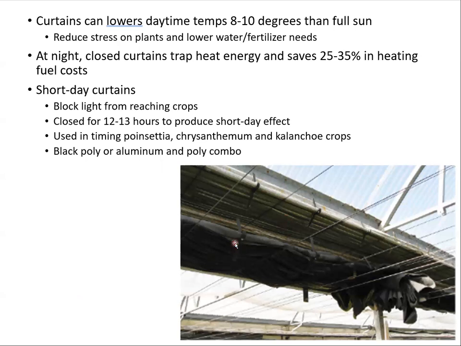They essentially trick the plants into thinking that it's a shorter day period, shorter sunlight period, and that's when they'll turn red. Okay, so with these systems that utilize energy curtains, you can also incorporate shade curtains for short day so that you can grow specific crops like poinsettia, chrysanthemum, and kalanchoe.